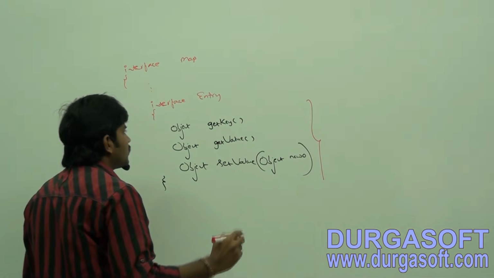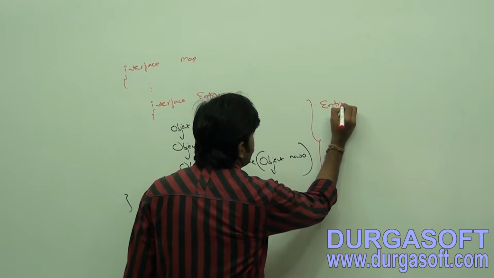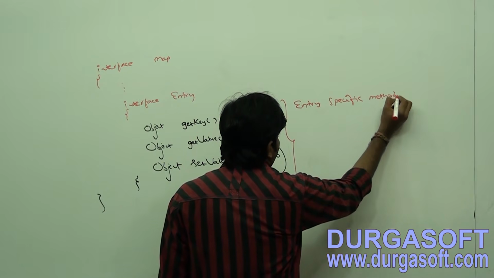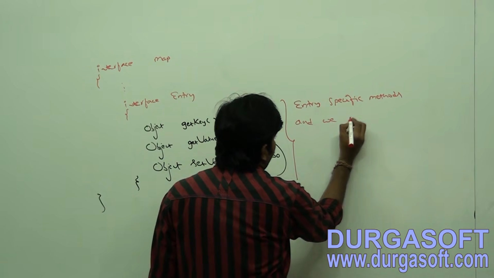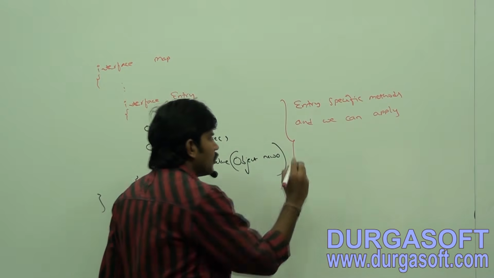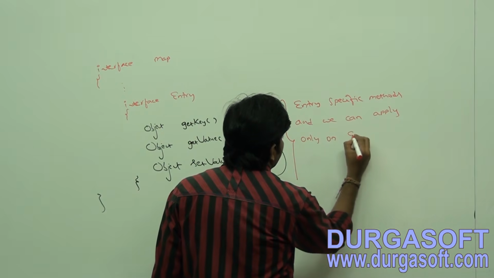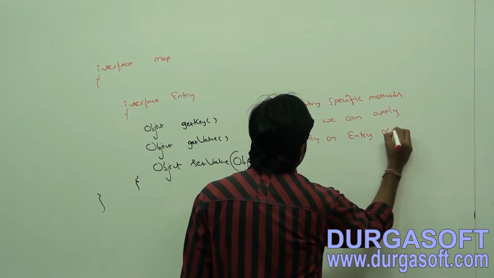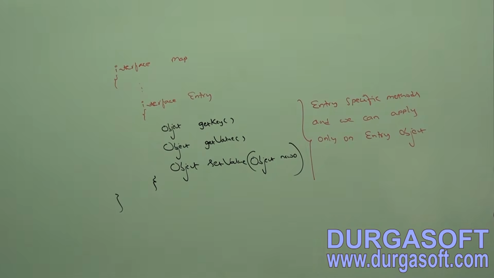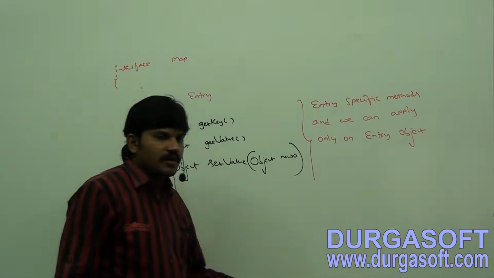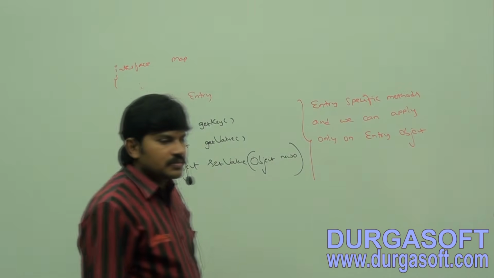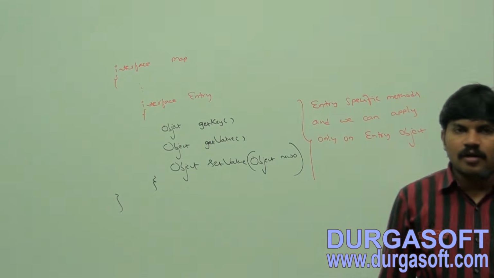Do you know these three methods are entry-specific methods, and we can apply them only on the entry object?